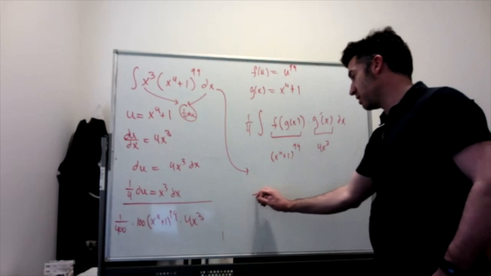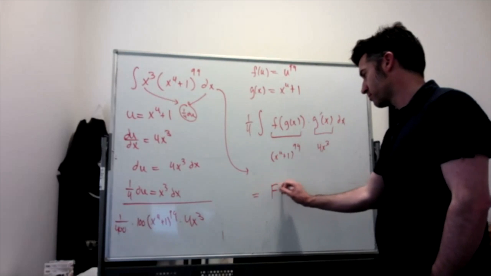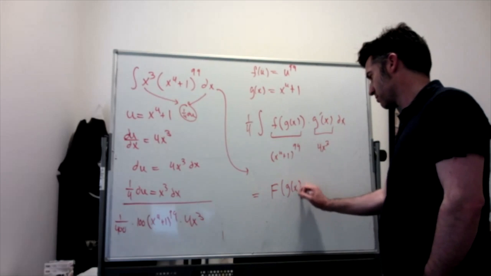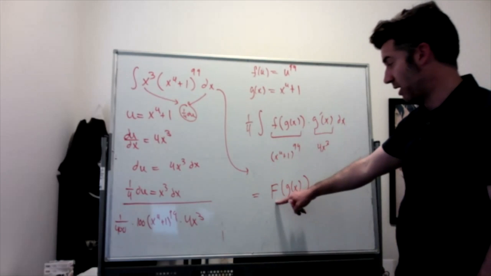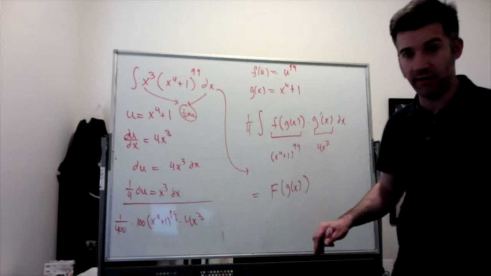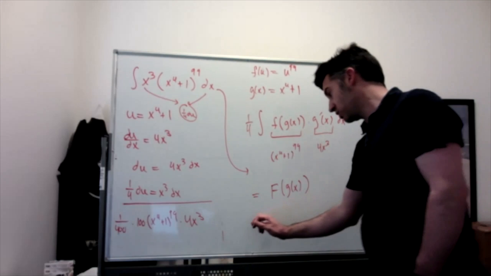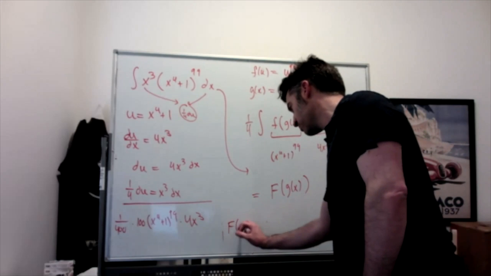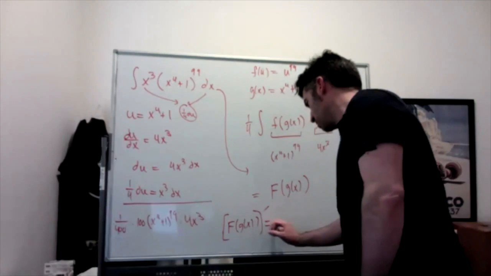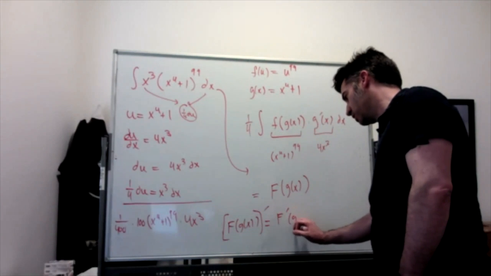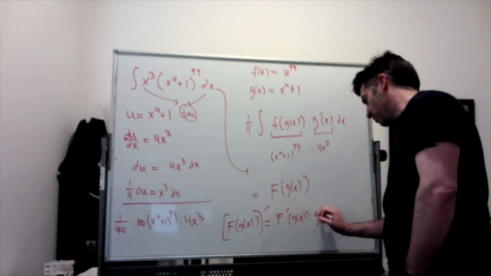So this ends up being capital F of g of x, where capital F is the antiderivative of little f. So that if you differentiate this, you get capital F prime of g of x times g prime of x.